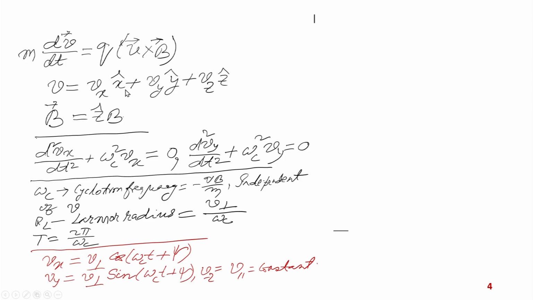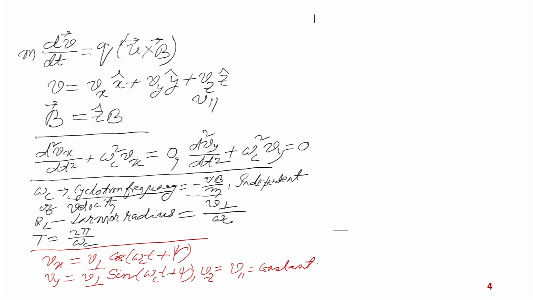Whatever component of the velocity is directed along the z direction, we call the parallel velocity. Then we derived this second order differential equation, where omega c is the cyclotron frequency, which is independent of velocity.